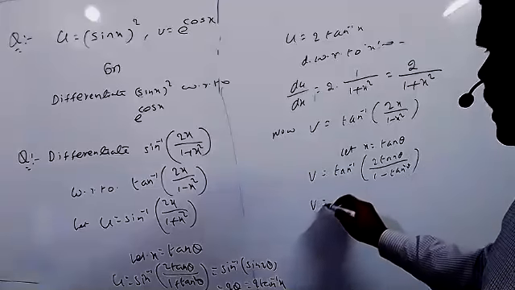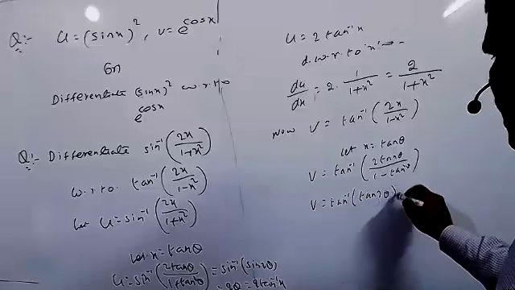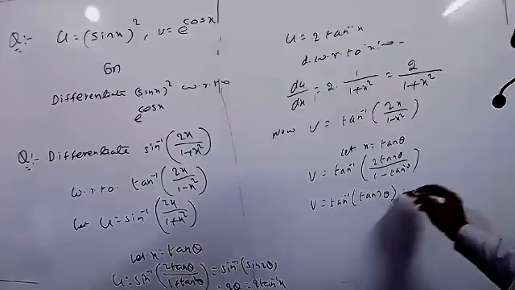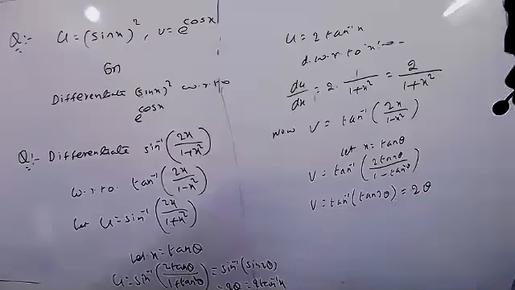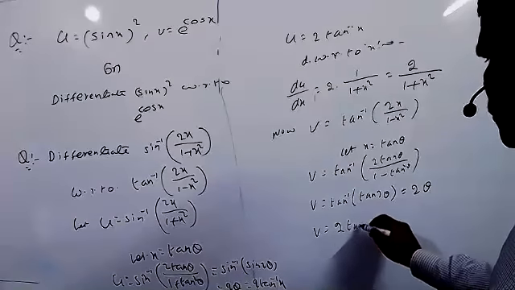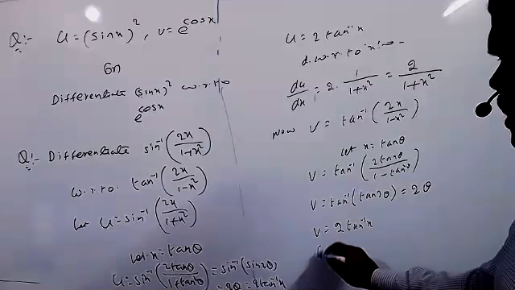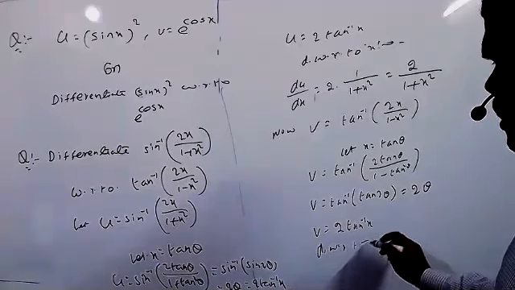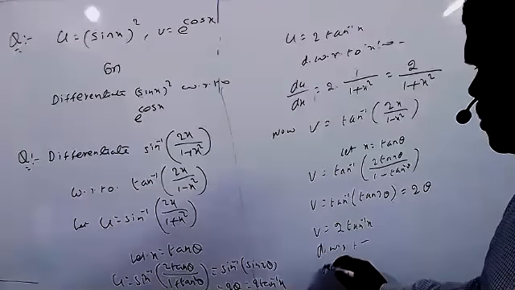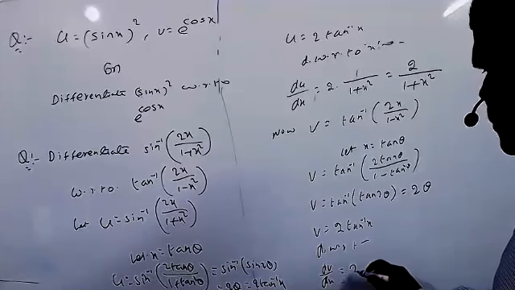So it is equal to tan inverse of tan 2 theta, and this will be cancelled, equal to 2 theta. The value of v equals 2 tan inverse of x. The same, now we can differentiate with respect to x on both sides. So dv by dx equal to, here also the same thing only, 2 by 1 plus x square.